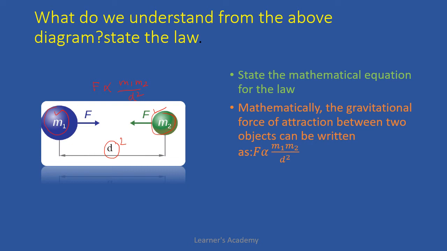Now when we remove the sign of proportionality, we get F = G m₁ m₂ / d², where G is the universal gravitational constant. Alright. So this question can be asked for 2 or 3 marks at the most, or this can be clubbed in the 5 marks question also, along with some other question.